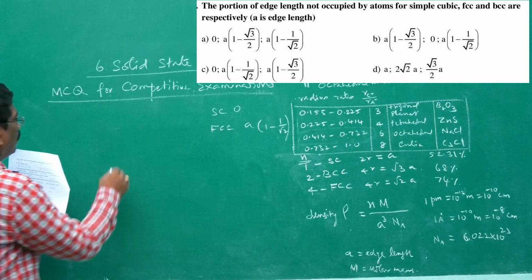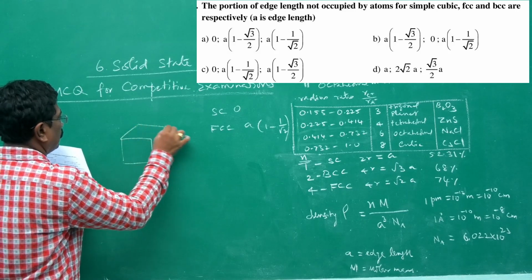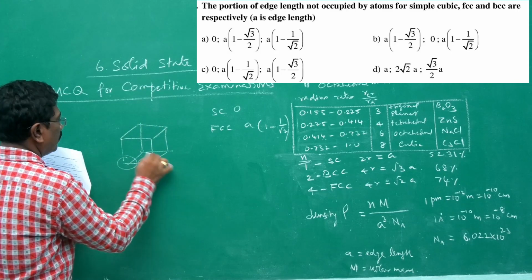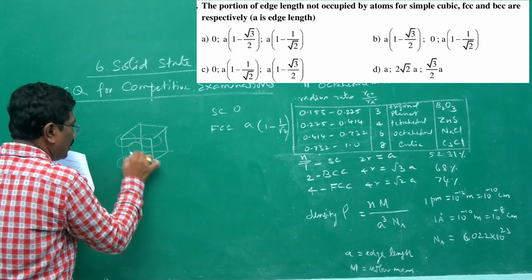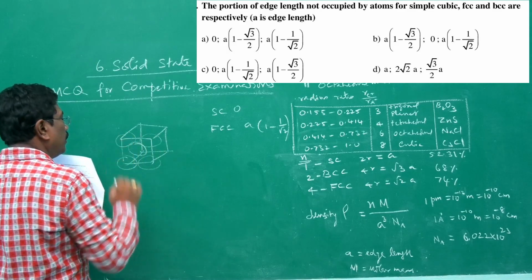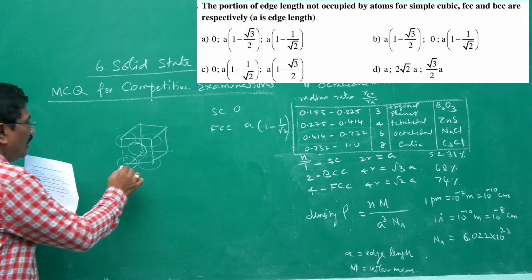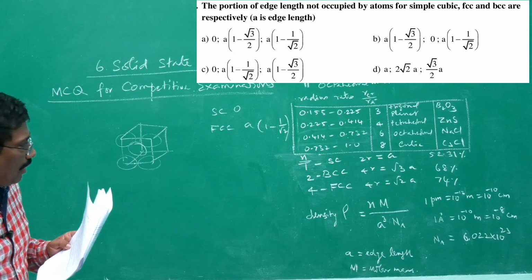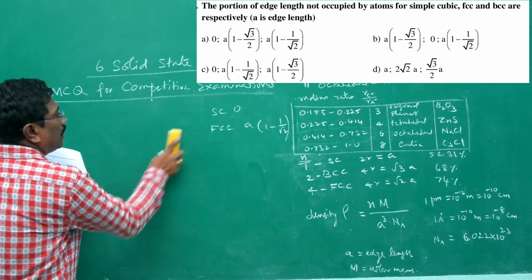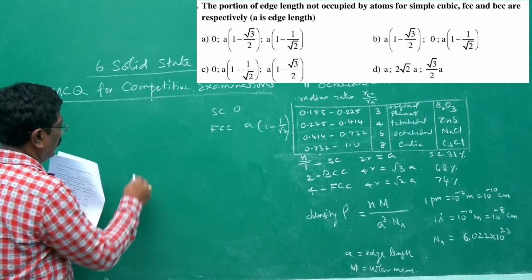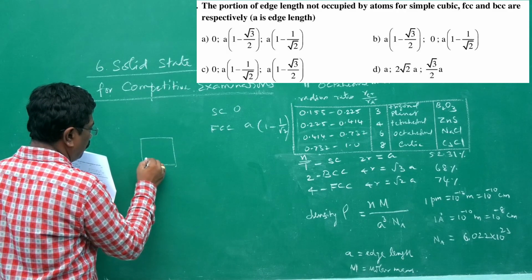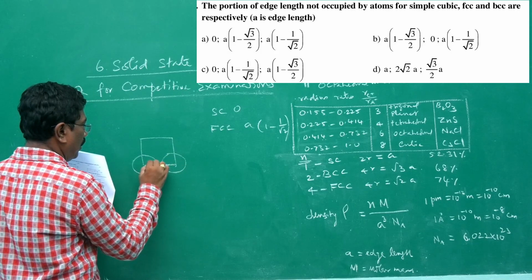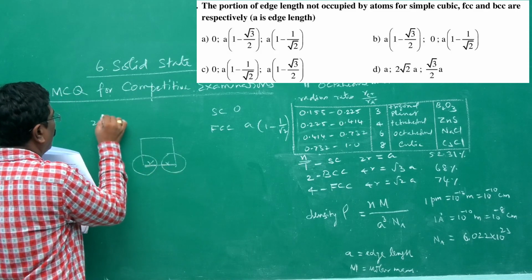it will be like this. You will be knowing very well, corner atoms will be present like this, and there is an atom at the center of the cube, and here the in between area is not occupied. How to calculate? Here 2r, if we consider this particular atom and this particular atom, 2r for BCC.